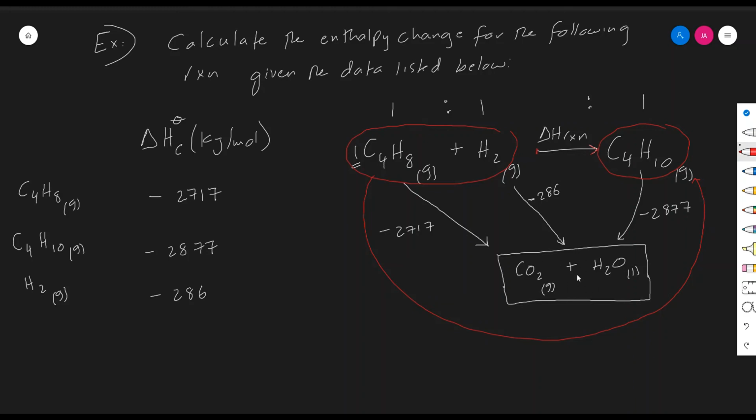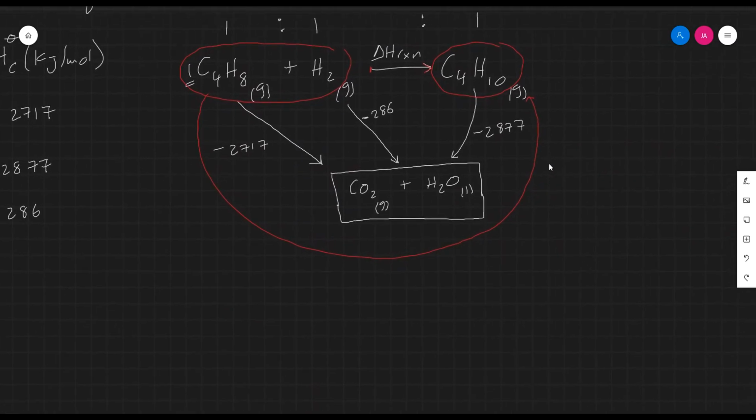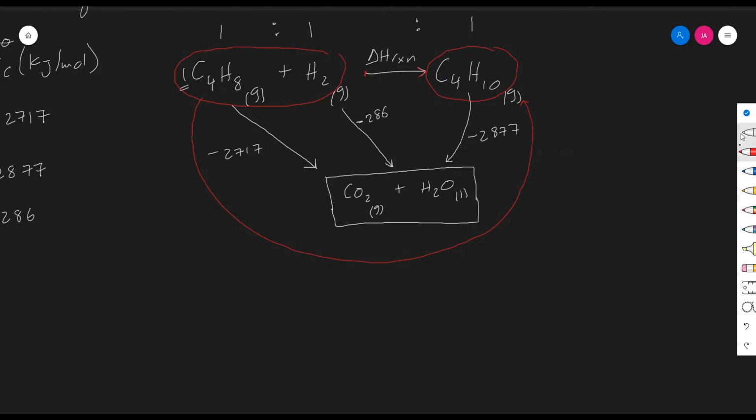Then from the intermediate I would form the products, and thus I would be moving against this arrow in the cycle, and thus this needs to be changed into an endothermic reaction, since in this direction it's negative, but in the opposite direction it's a positive endothermic reaction. Therefore, the enthalpy change of this reaction can be calculated as follows.